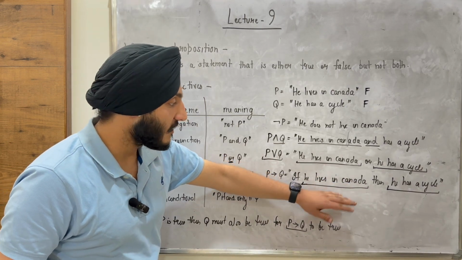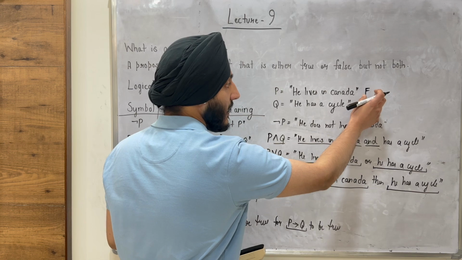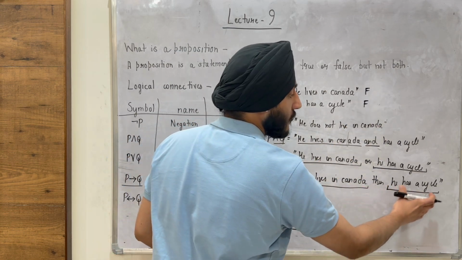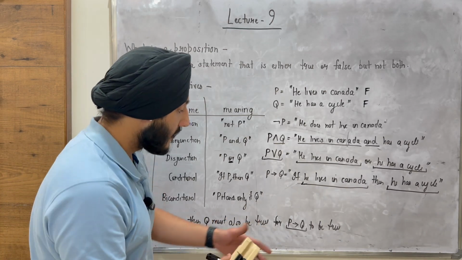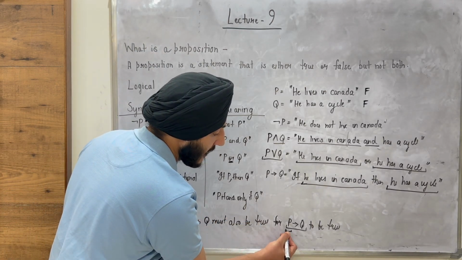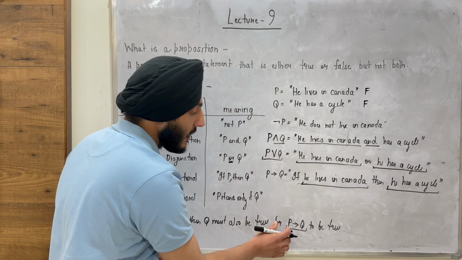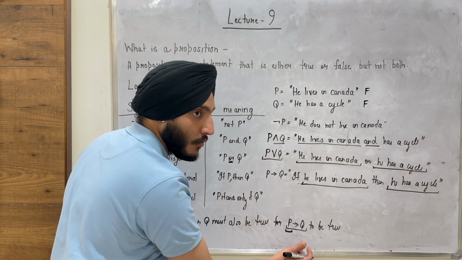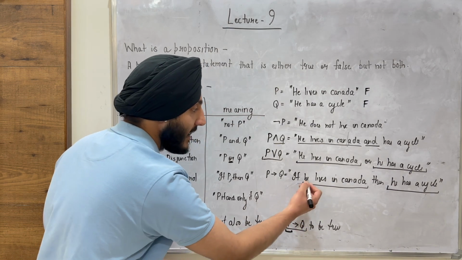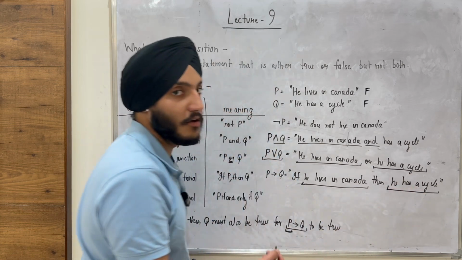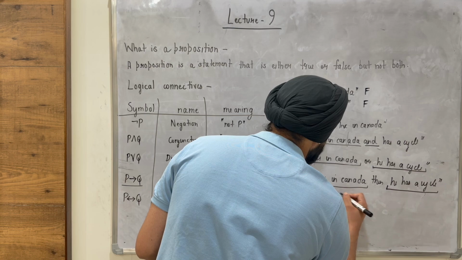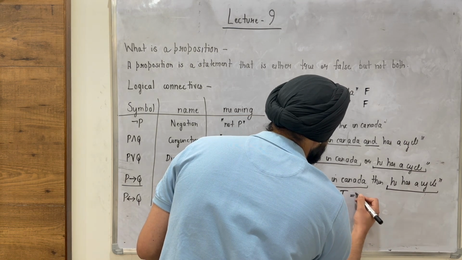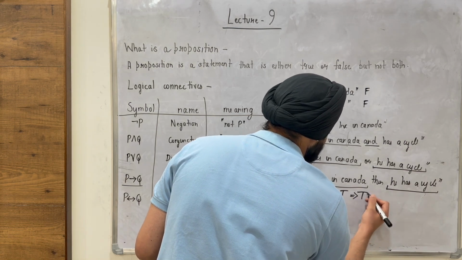In this case, since this condition is false, we no longer care if this is true or false. I'm just going to repeat this once again. If this P, which is on the left hand side, is false, then it doesn't matter if this Q is true or false, this entire condition is going to result in true once again. So false implies anything is basically true.